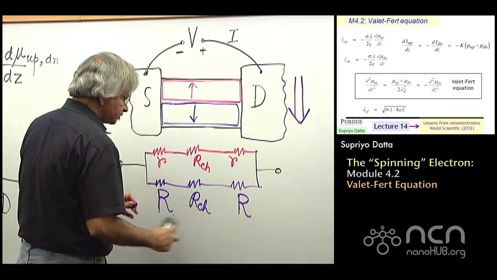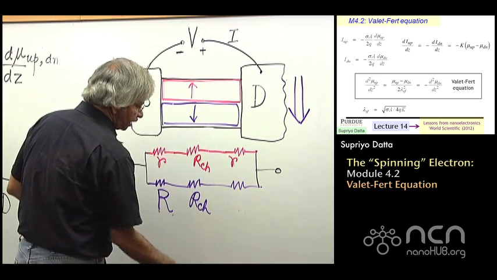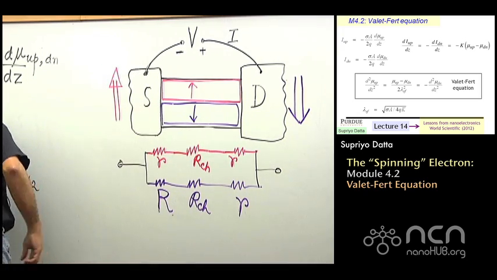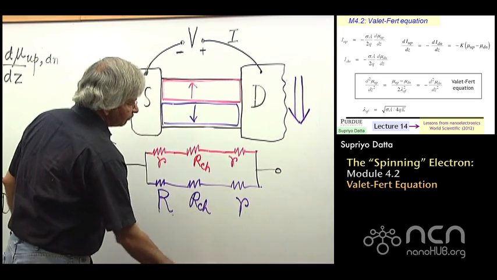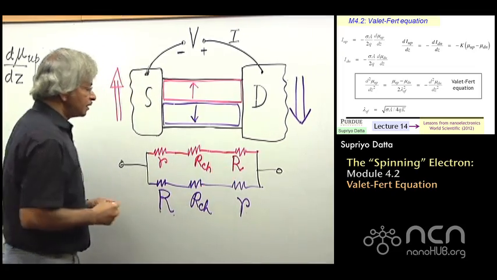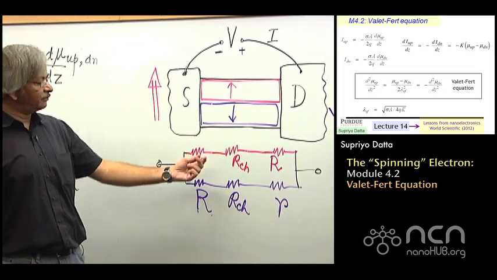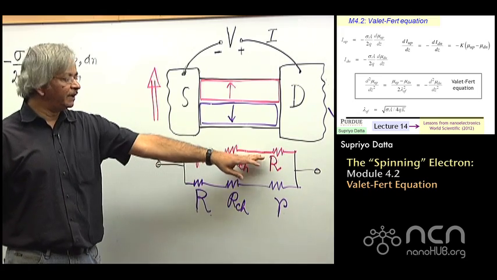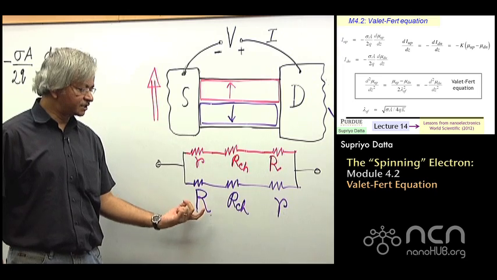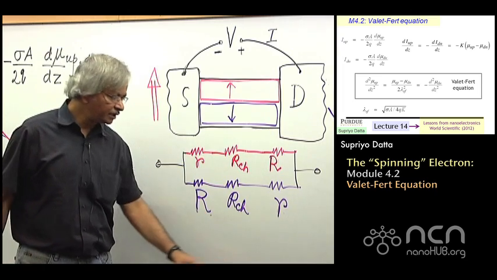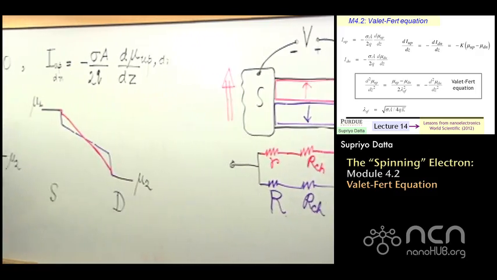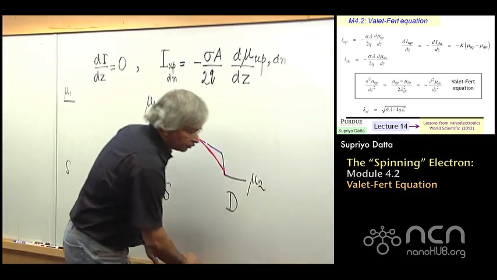So what that means is, this is now a small r, that one's now a big R. So when you look at the red channel, you have a low resistance to the left, big resistance to the right. Blue channel, reversed, big resistance to the right, low resistance to the left.